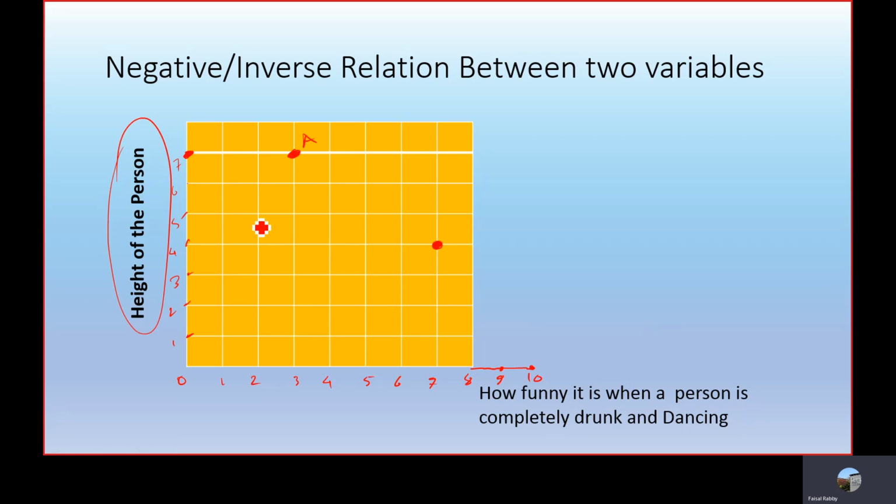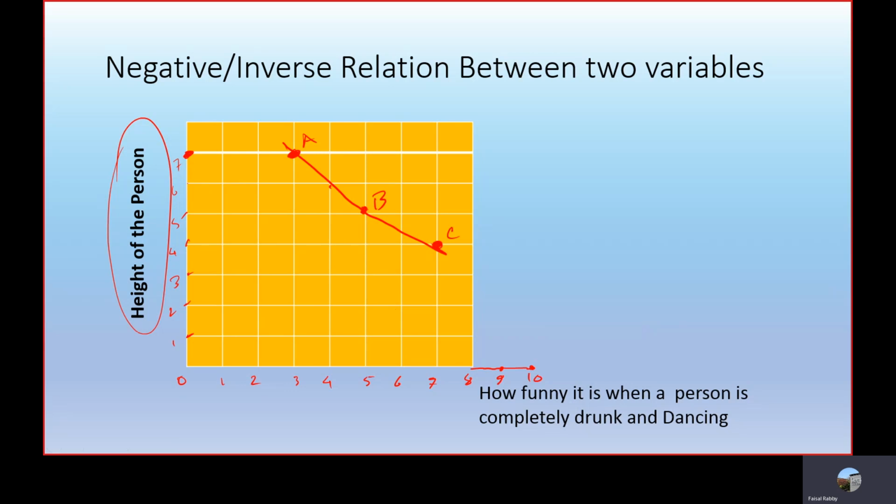So similarly, if we plotted some other random points, how funny it is when somebody is 5 feet tall or 6 feet tall, so on and so forth, then we would find a locus of points. And then if we connected these dots or points with a line, what we would find is a downward sloping line.